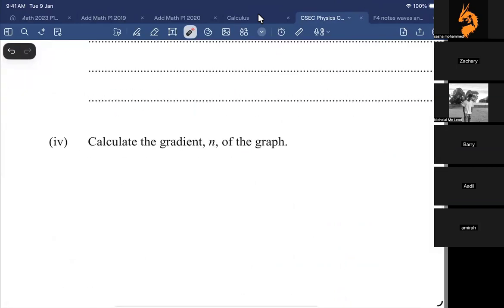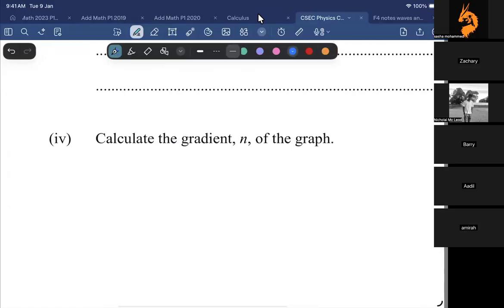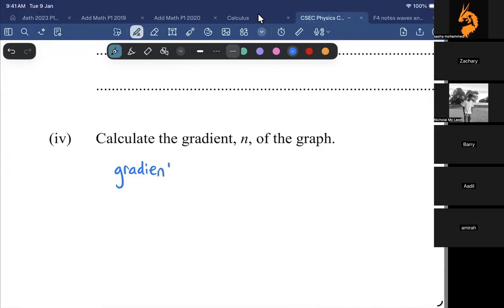All right, calculate the gradient n of the graph. Now we know that the gradient formula is what? Sasha, what is the gradient formula? Sine i over sine r. Okay, what you're saying isn't wrong, but that's not the gradient formula.